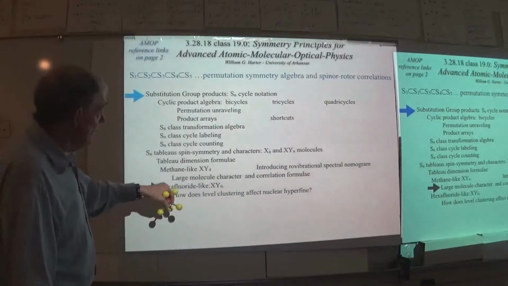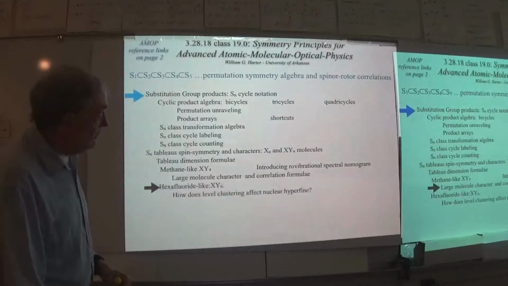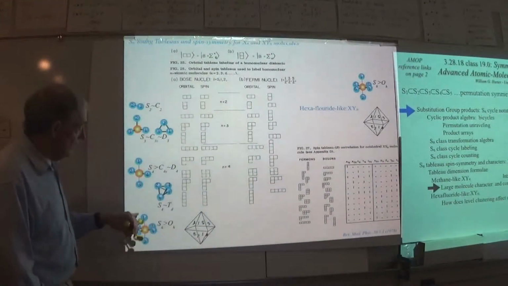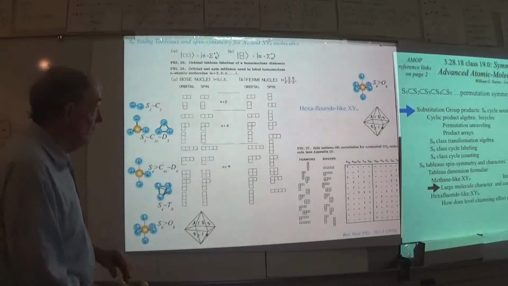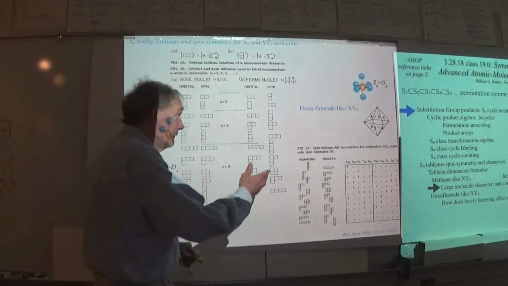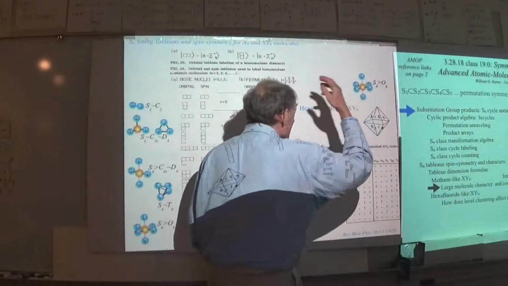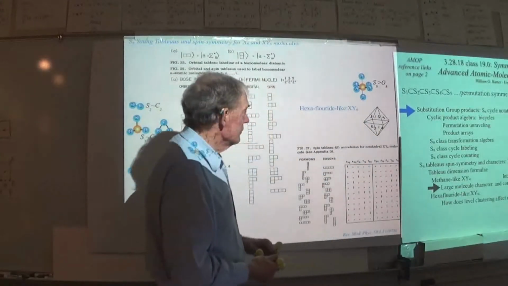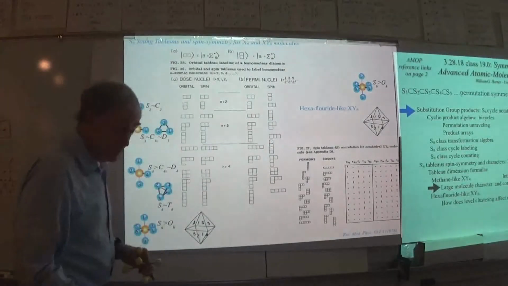So the hexafluoride is a pretty good one to look at for this. I've got its picture down here, just making sure that you see when we talk about S6, we really are talking about S6, and this correlation table is what you deal with.